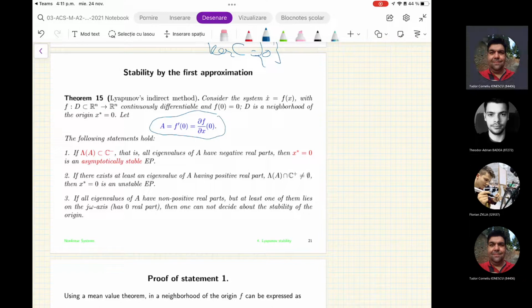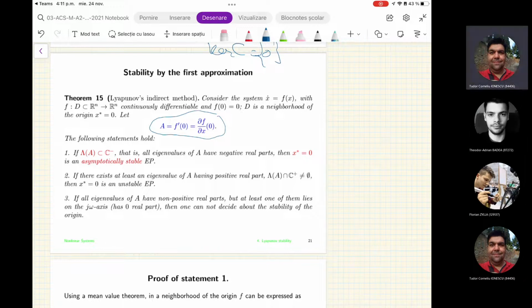If the spectrum of the matrix A is in the open left half plane, then all the eigenvalues of A have negative real parts, and in this case, the origin is an asymptotically stable equilibrium point. This is the main result, and this was to be expected. However, if there exists at least one eigenvalue having a positive real part, then the origin is unstable.